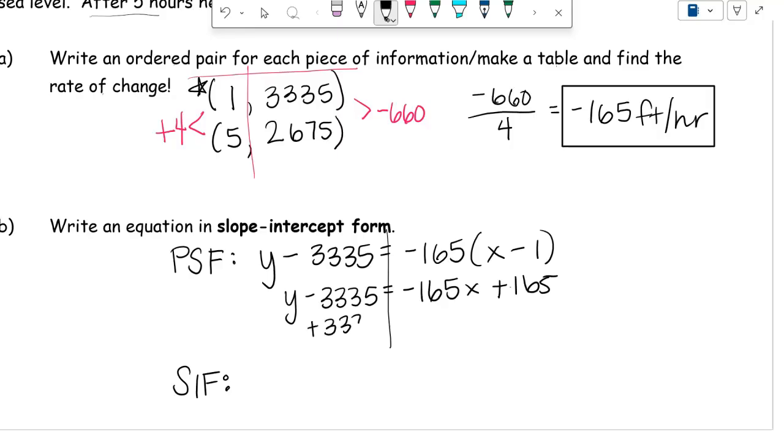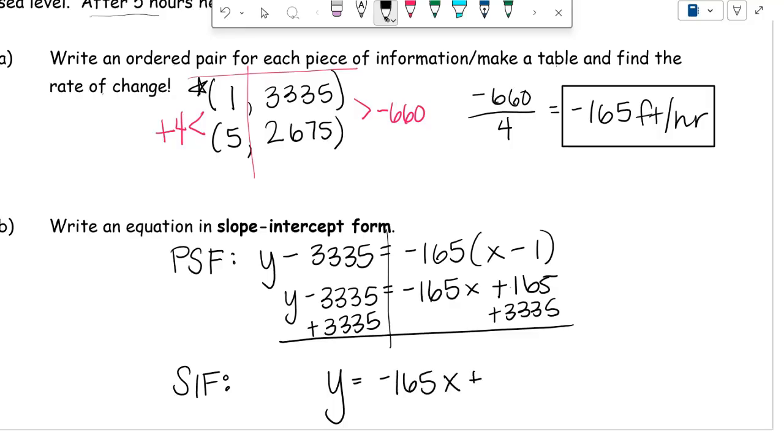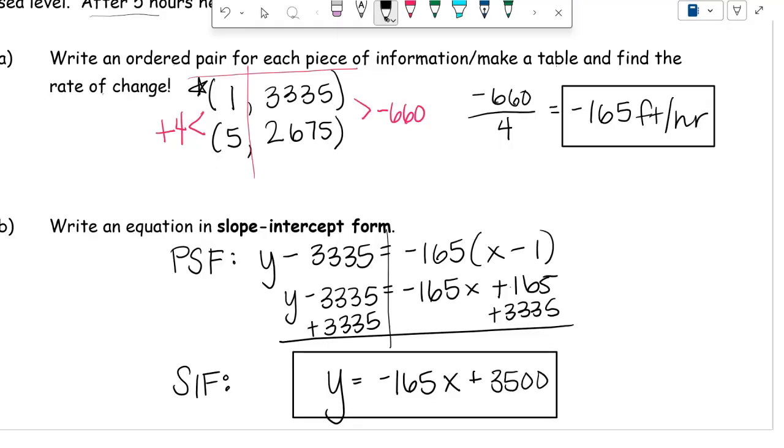To get y by itself, we need to add that big 3,000 number. So our slope-intercept form is y equals negative 165x plus 3,500, which means that Cedric started his descent at 3,500 feet.